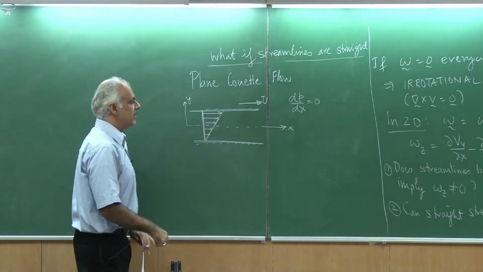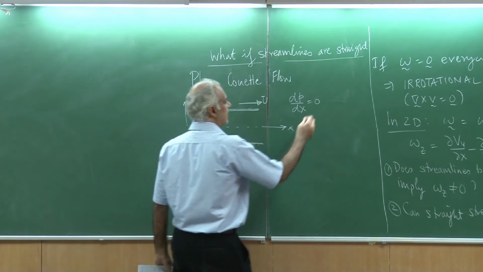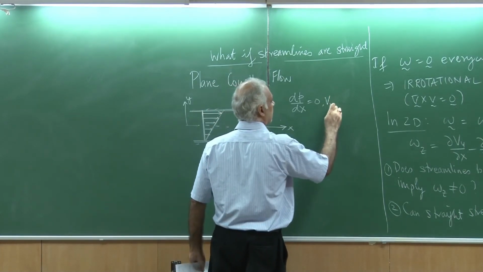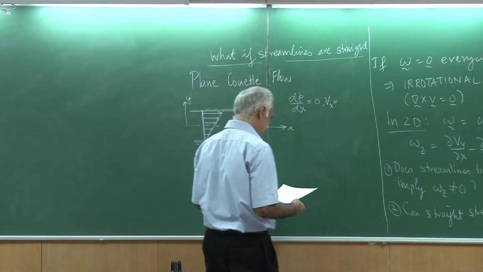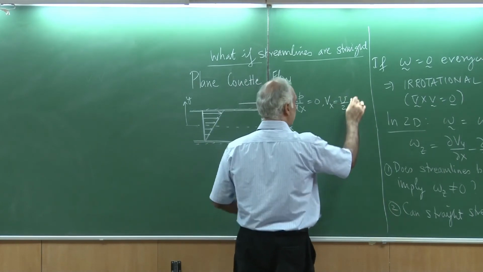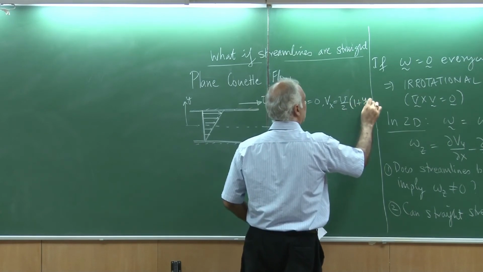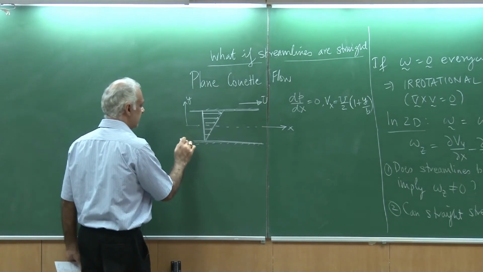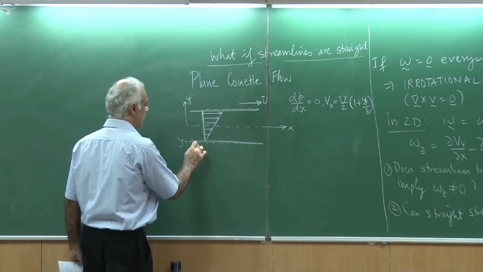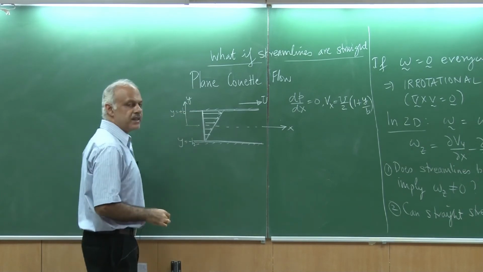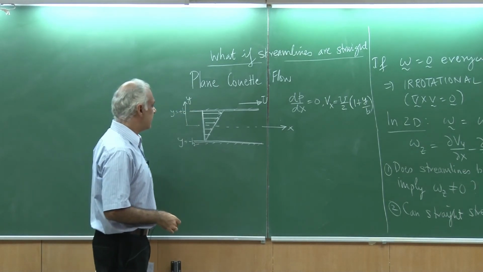What we had found is that Vx was given by this expression, u by 2 times (1 plus y by b). Here, this is y equal to minus b, this is y equal to plus b, so 2b is the distance between the two plates.